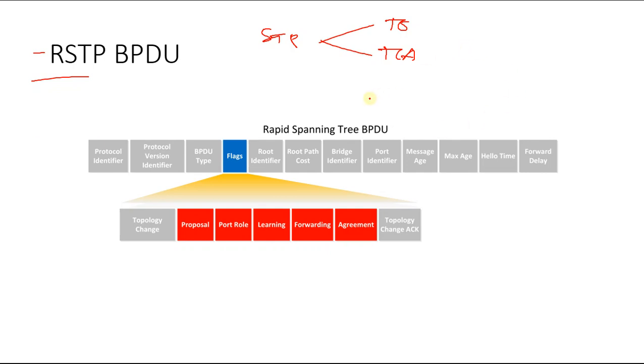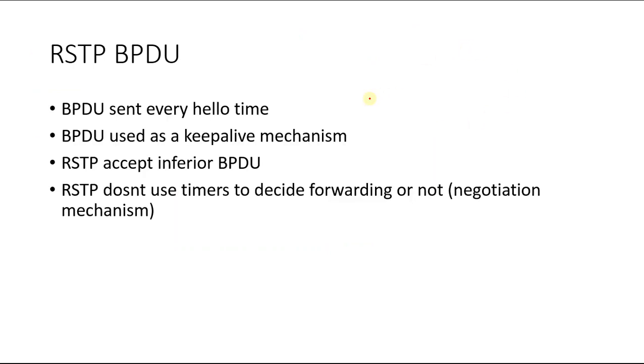Okay, we're going to the next slide. BPDUs in RSTP are sent every hello time. Wow, this is quite a surprise for me, because in the previous STP, or classic spanning tree, only the root bridge generated BPDUs. The non-root switches only relayed them if they received them on their root port.